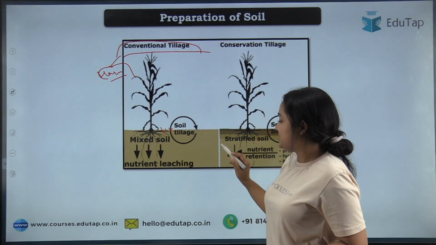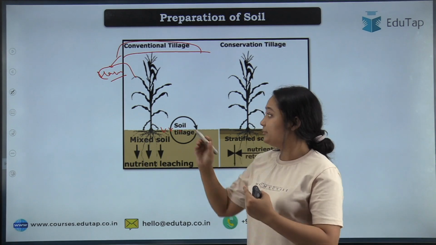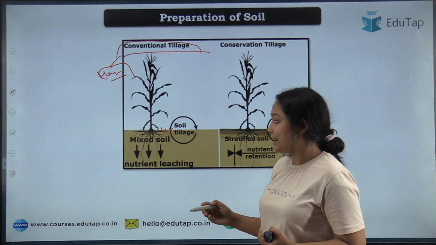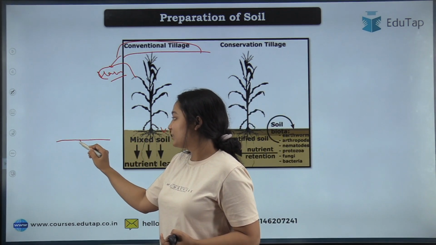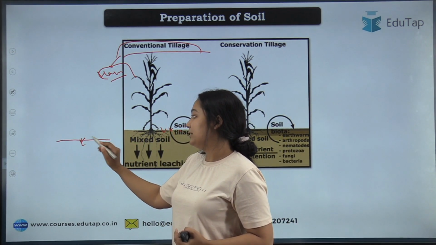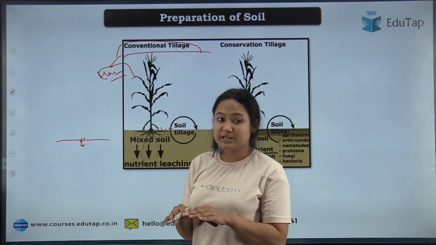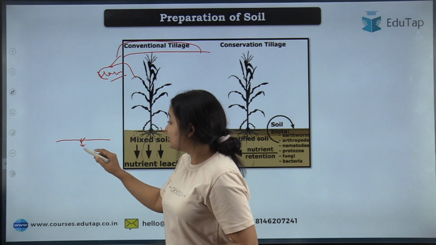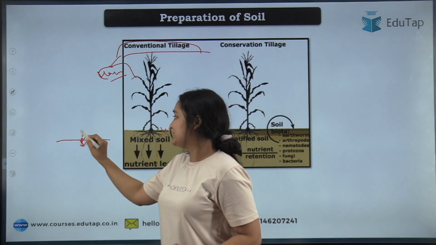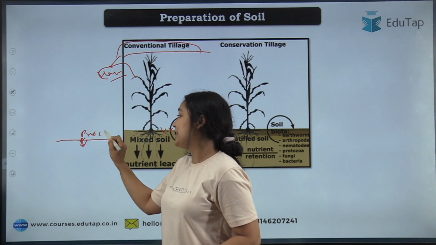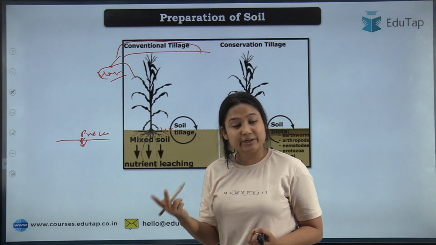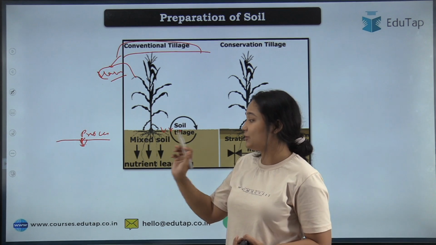If you are doing conventional tillage in a land again and again, you are breaking the soil, then clods form again, then you break the clods again. Repetition of this process makes your soil particles weak and prone to erosion, both water and wind erosion.